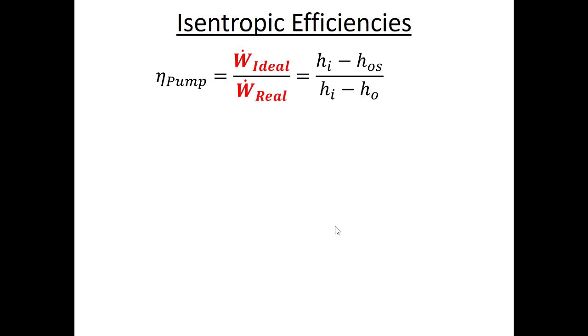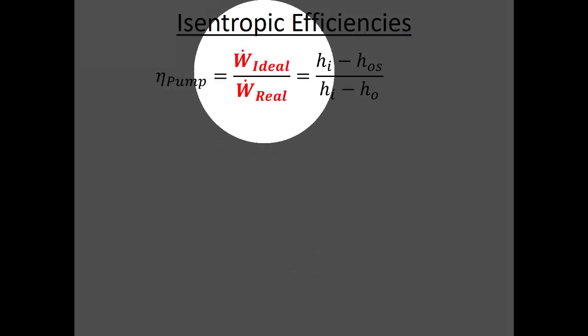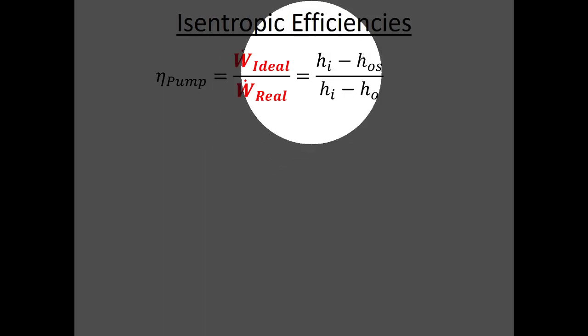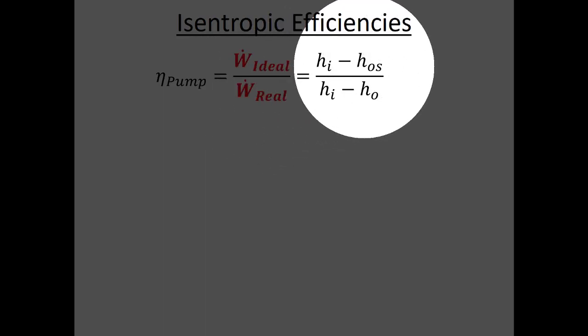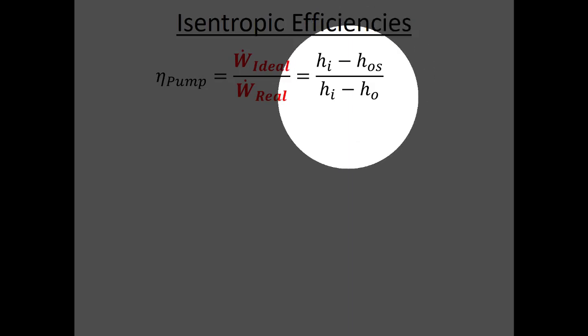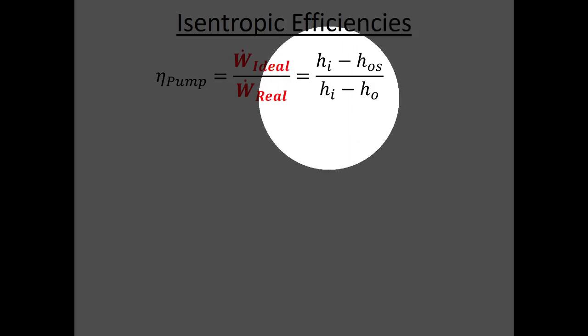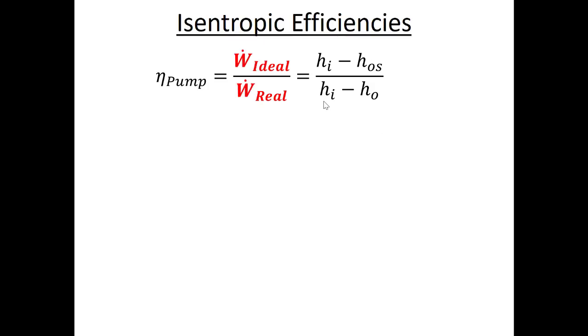So in this case, the ideal pump consumes less power than the real pump. So here I put the delta H for the ideal pump, H in minus the isentropic outlet, over the real pump power, at least the specific power here, because the m dots across the real and the ideal pumps are the same. Otherwise it wouldn't really make sense to compare an ideal turbine to a real turbine or an ideal pump to a real pump unless their mass flow rates were the same.